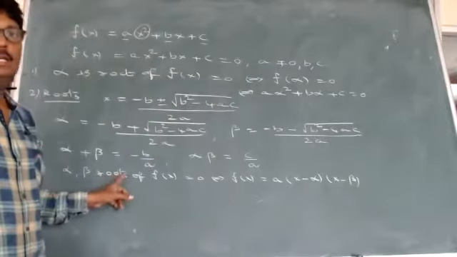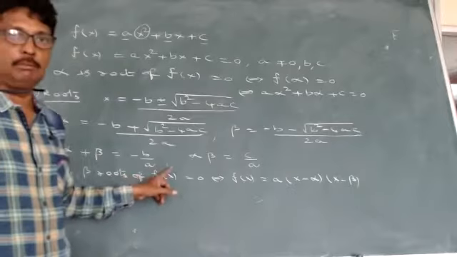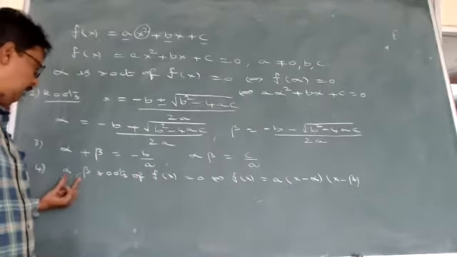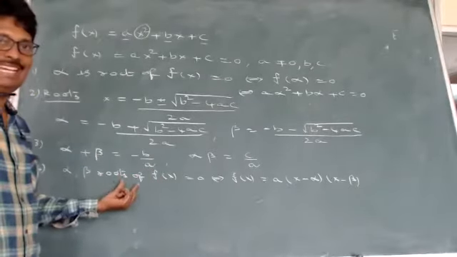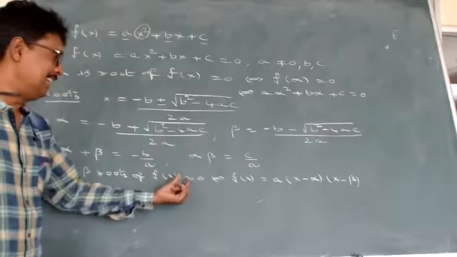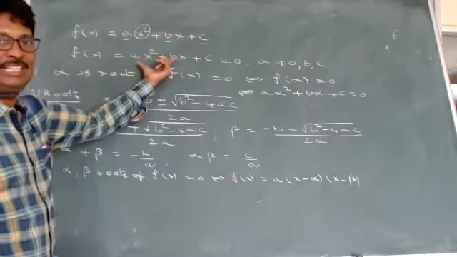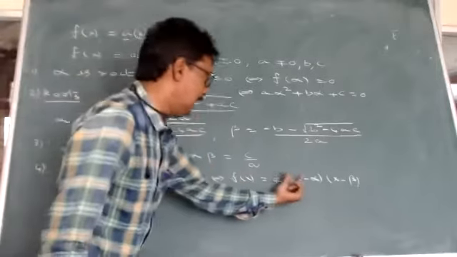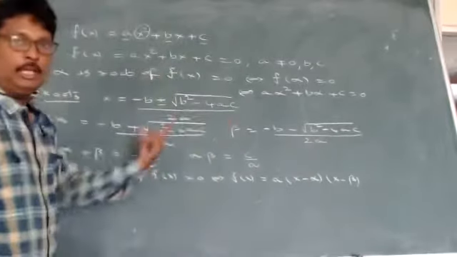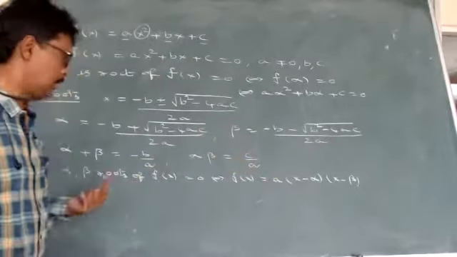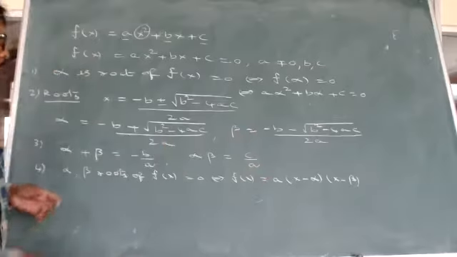This is useful in theorems and in some problems also. Alpha, beta are the roots. Then we can write f(x) is equal to, here f(x) is ax square plus bx plus c. f(x) is equal to a into (x minus alpha) into (x minus beta). We can prove it very simply.